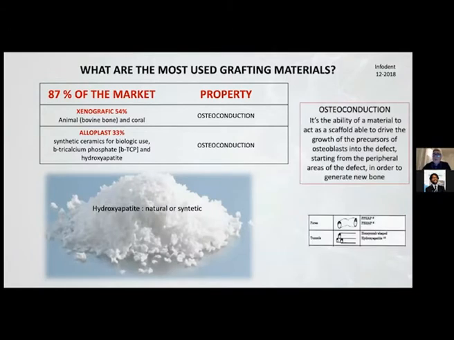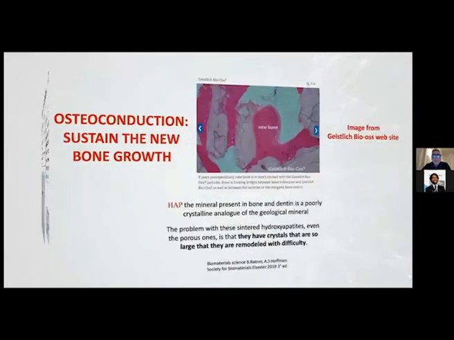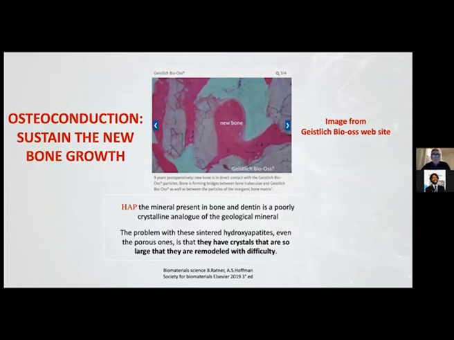What is osteoconduction? Osteoconduction is the ability to produce a scaffold where it's possible for the cells to move from the peripheral areas to the defect in order to generate new bone. And this material is hydroxyapatite, natural or synthetic. So osteoconduction is the ability to sustain the new bone graft and the bone growth.